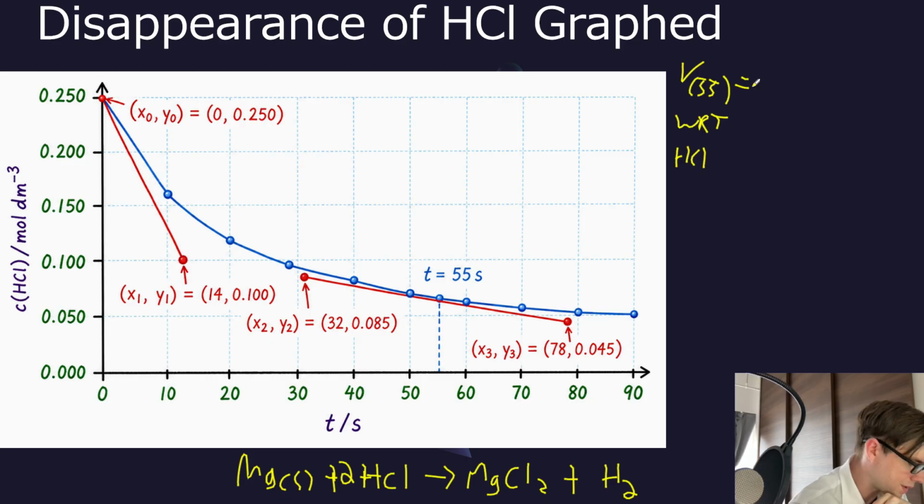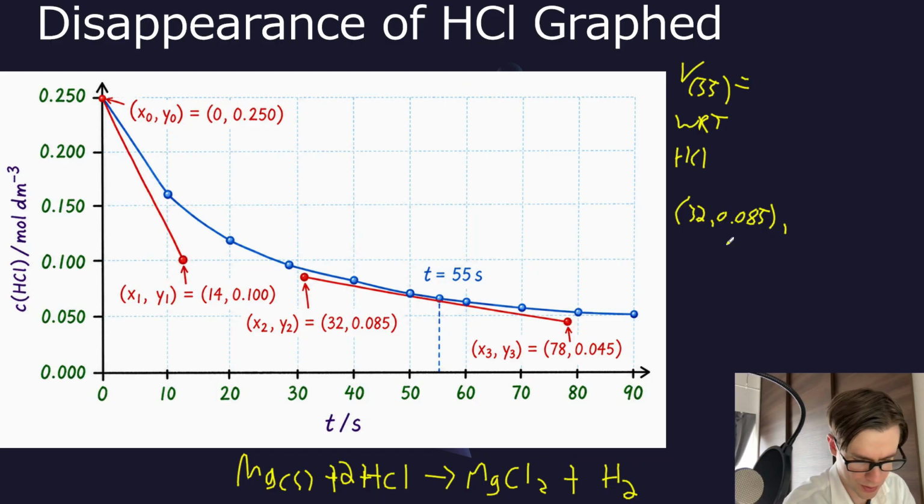Tried to draw a straight line that only touches that graph at the point of 55 seconds. So we'll use some points for this. I've chosen these points. So the first point is 32, 0.085. And the second point on that tangent line that we'll use to get the slope is 78, 0.045.